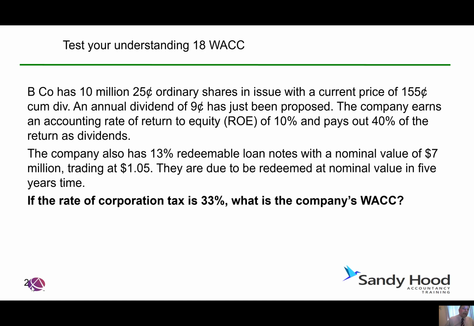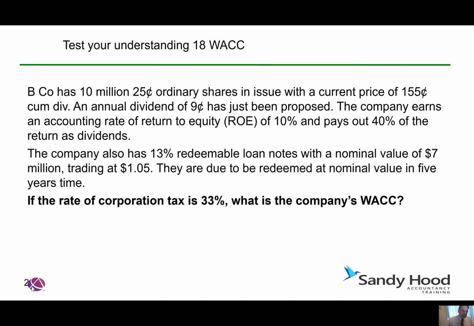BCO has 10,025,000 ordinary shares in issue. They're currently trading at 155 cents per share, but that's cum dividend. An annual dividend of 9 cents has just been proposed, and the company earns an accounting rate of return to equity of 10% and pays out 40% of the return as dividends.